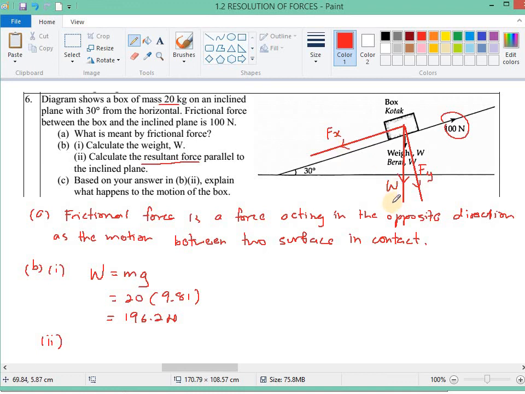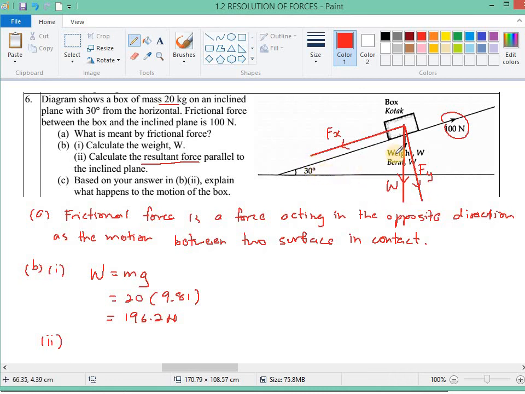If you have no weight, then the box will not push on the surface, and the box will not slide down. So these two forces are the components of weight: the parallel component and the perpendicular component.